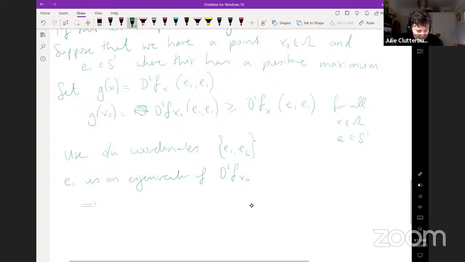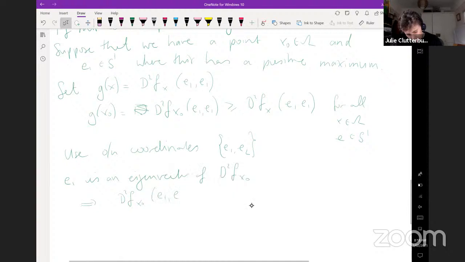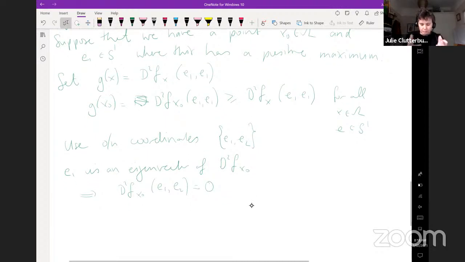And so what we have is that d2f at x naught of e1 e2 is equal to 0. Okay, so e1 has kind of diagonalized the Hessian.